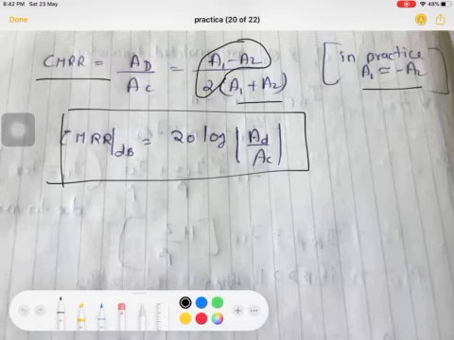But in the practical case, A1 is not exactly equal to minus A2, it is nearby. So its value is quite high, approaching infinity but not exactly infinite. In the data sheet, the value of CMRR is given on the dB scale, so we calculate CMRR in dB as 20 log AD by AC.